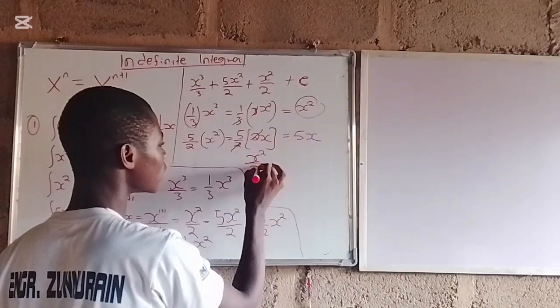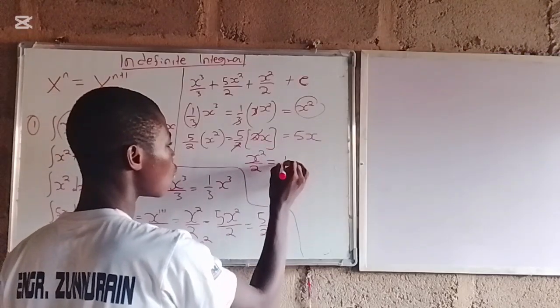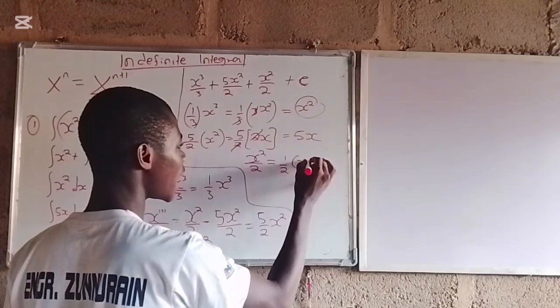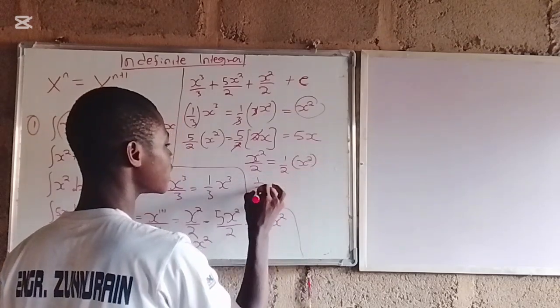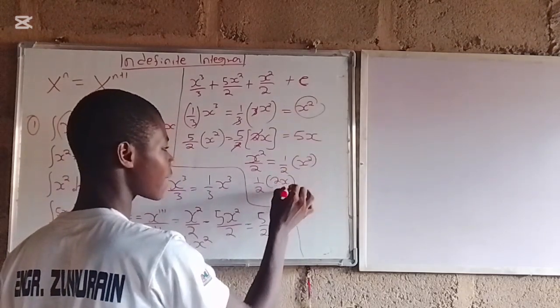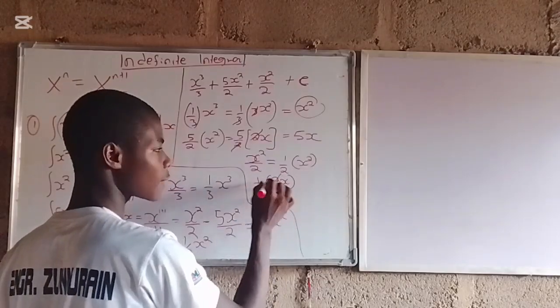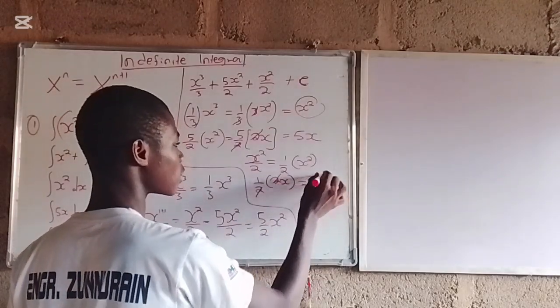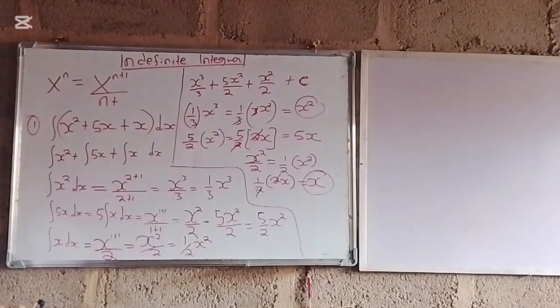X squared over 2 is the same thing as 1 over 2 of what? X squared. 1 over 2, differentiate this, I'll get 2x. 2 will go with 2, x times 1, which is equal to x. So guys, I verified this.